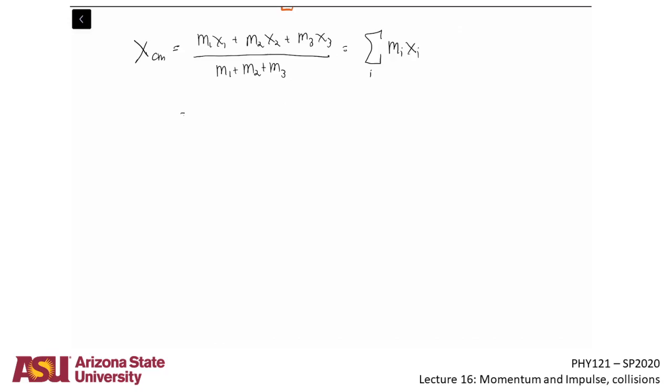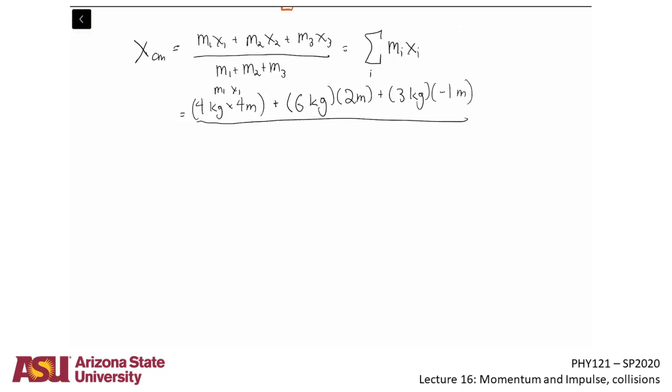Okay, so this is 4 kilograms times 4 meters, that's m1, x1, plus 6 kilograms, 2 meters, plus 3 kilograms, minus 1 meter, all over 4 plus 6 plus 3 kilograms.